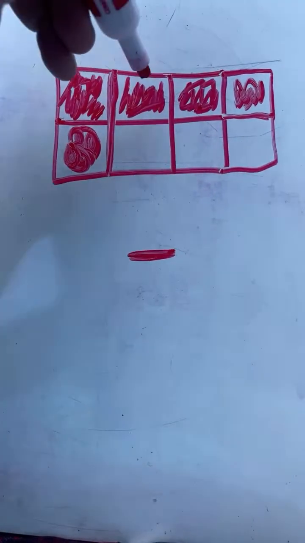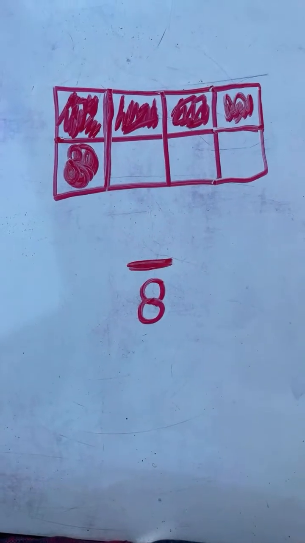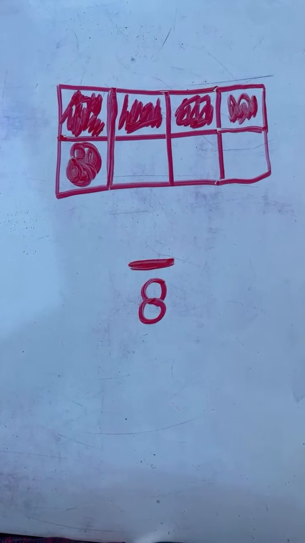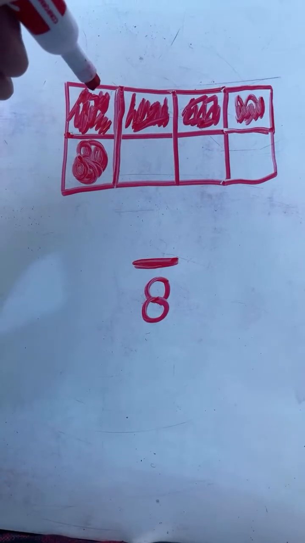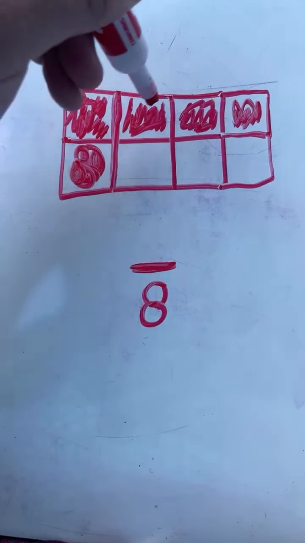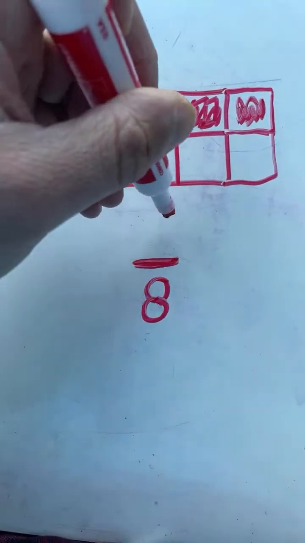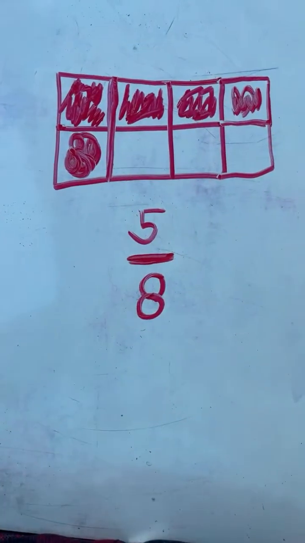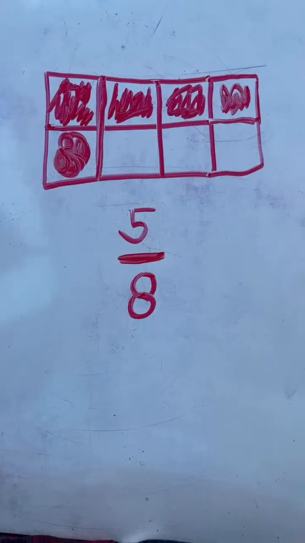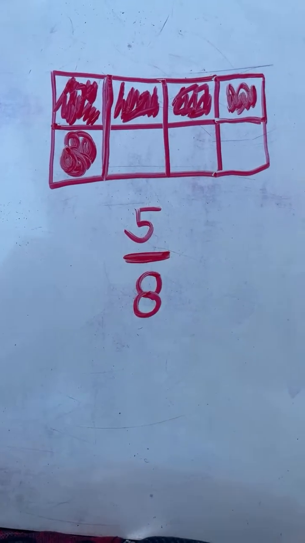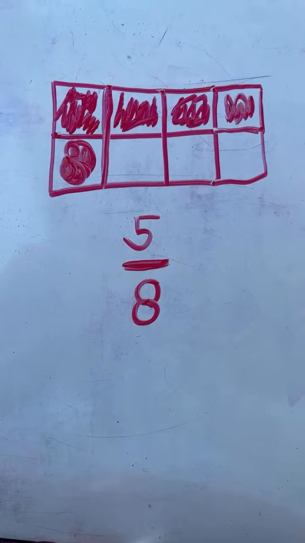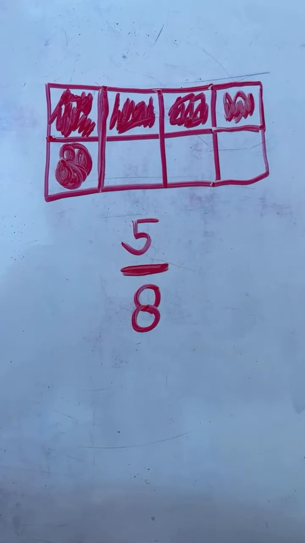So we have 1, 2, 3, 4, 5, 6, 7, 8 total boxes. 8's our denominator. To find the fraction of boxes shaded, we simply have to count the number of boxes that are shaded. 1, 2, 3, 4, 5. So this fraction model represents the fraction 5/8. Alright, next example.